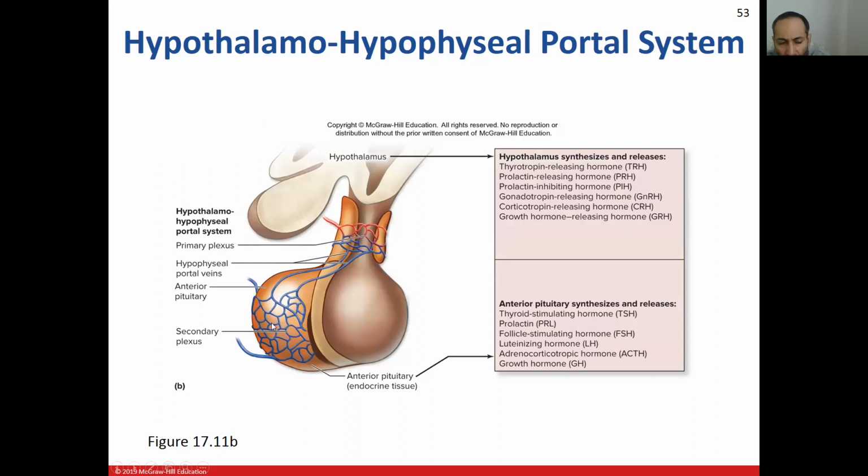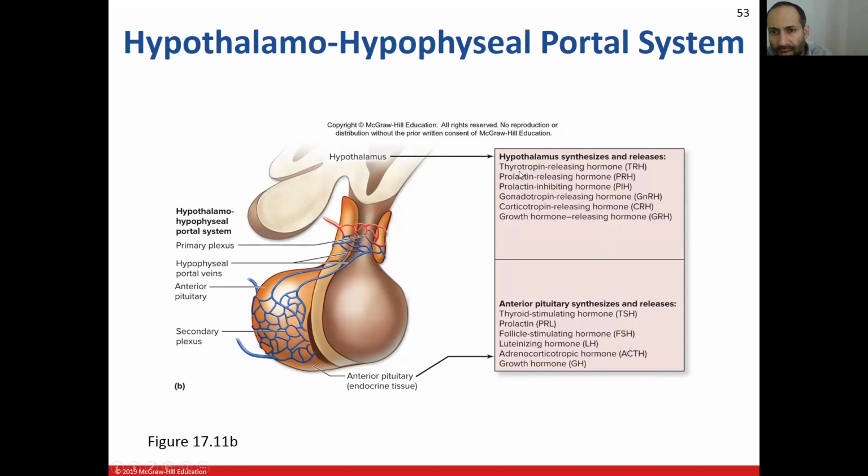And then this network of blood vessels that is formed lower down, all around the anterior pituitary, is called the secondary plexus, okay? Something else to remember. Now, why so many blood vessels attaching the hypothalamus to the anterior pituitary? Because they carry a lot of hormones from the hypothalamus down to the anterior pituitary.